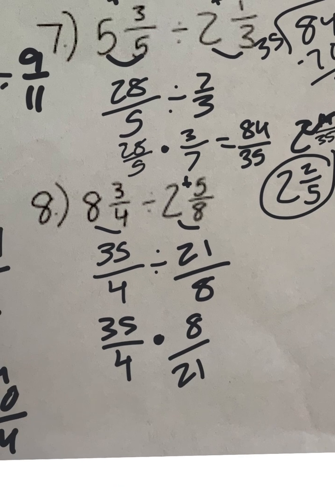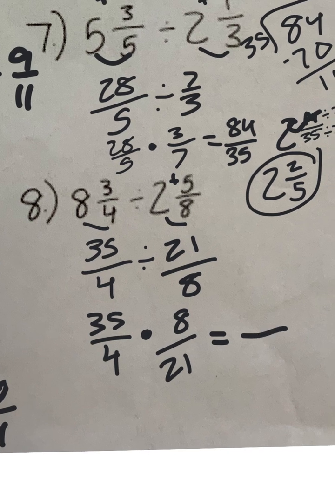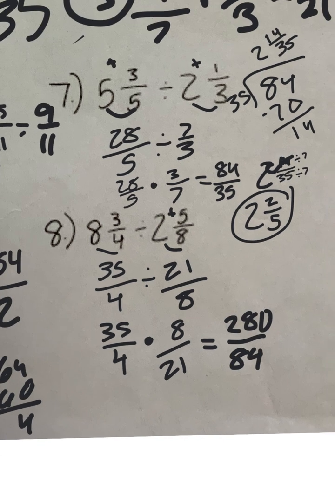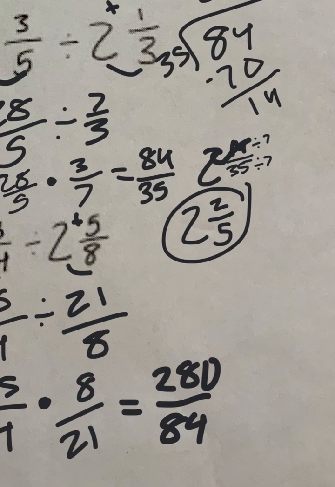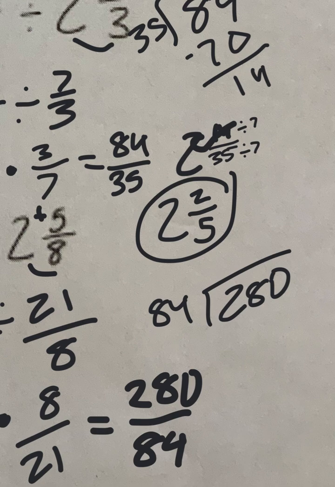So now that we have our multiplication problem, we do our top times top and bottom times bottom. 35 times 8 is 280, and then 4 times 21 is 84. So now that we have our improper fraction, we divide to make it into a mixed number and simplify. So 84 goes into 280 3 times.